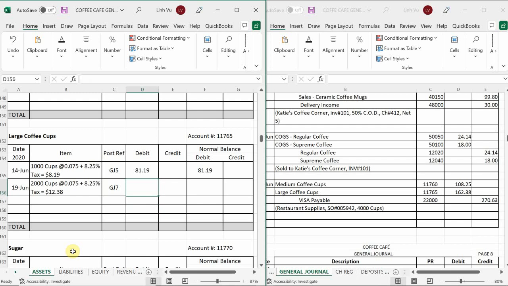Are you sure it's $12.38? Well, the total was 162.38, and the cup itself was $150. Yes. Okay, so in this case, how much in grand total? I have 243.57. Good.